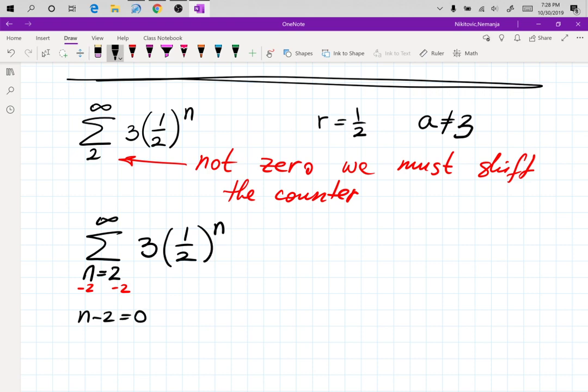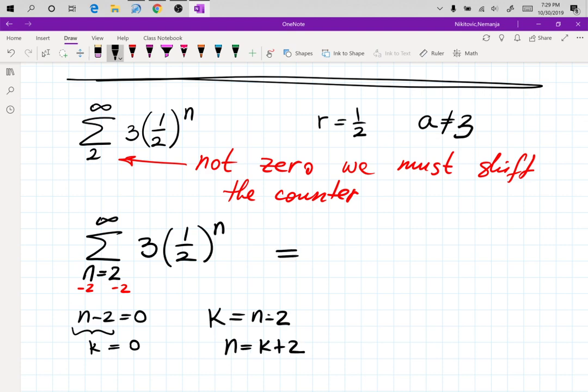Now, it's not really nice to have a counter that is n minus 2. So how about you define that to be k? So now it's k equals 0. You see what we did? This is like u substitution, right? We needed to shift that to 0, and that produced n minus 2, and now I'm just going to call that k. Awesome. So now I know that k is n minus 2, from where n is k plus 2.